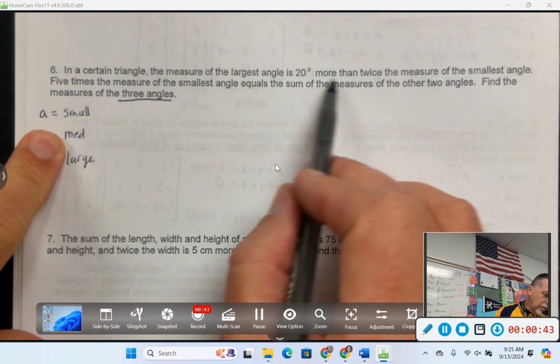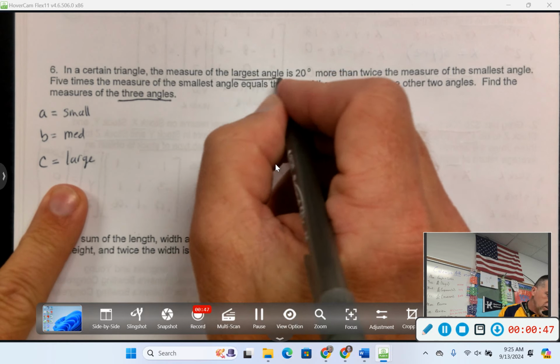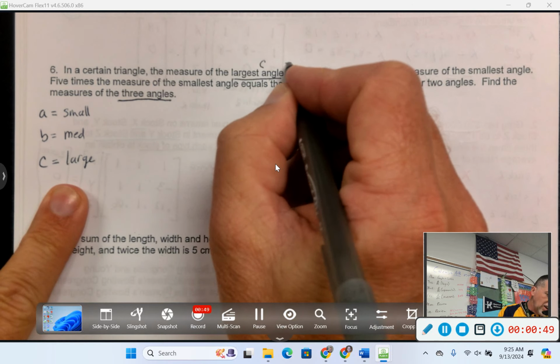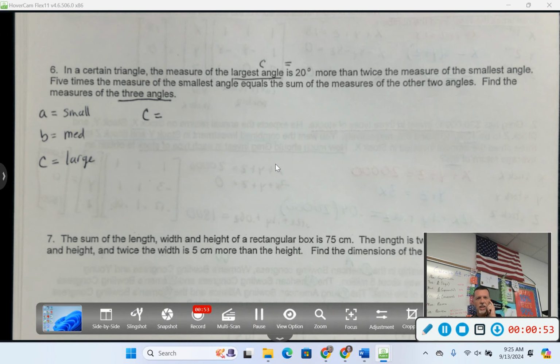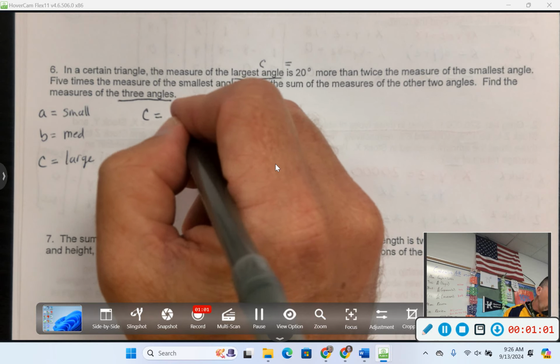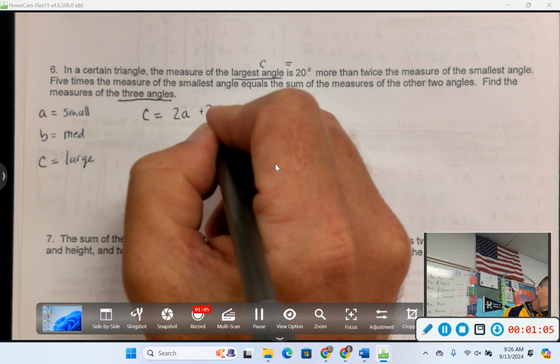Okay, now we're ready to work on equations. The measure of the largest angle, that's C, is, I'm translating English to math here, C equals 20 more than twice the smallest angle. So twice the smallest angle plus 20.